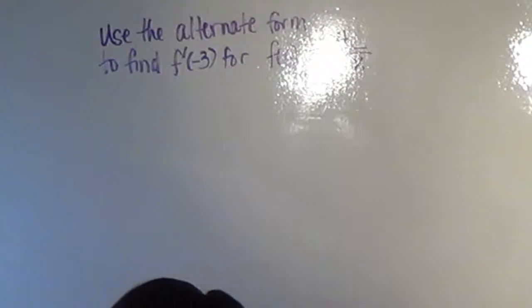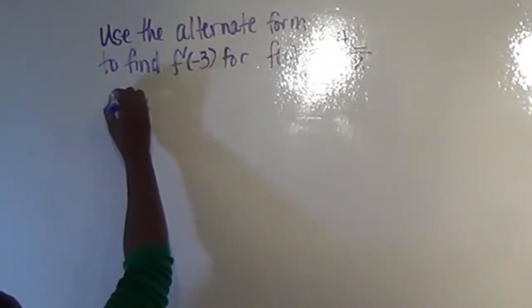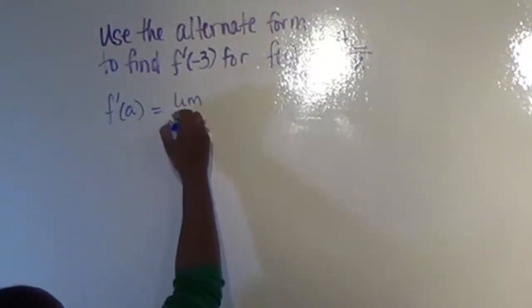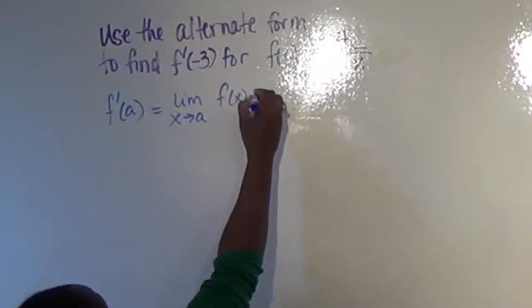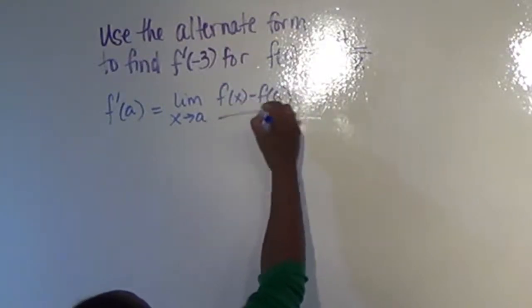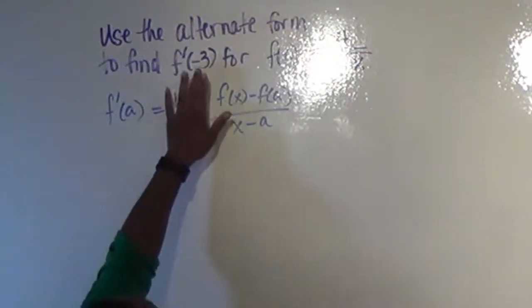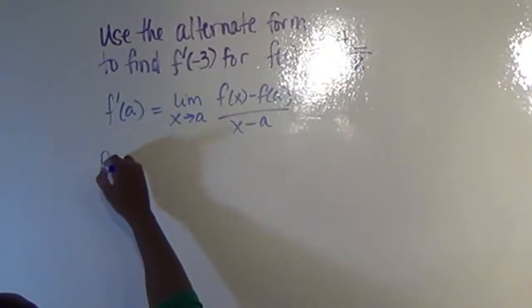Our alternate form says that f prime of a is going to equal the limit as x approaches a of f of x minus f of a over x minus a. So we're still looking at a limit of an average rate, it's just a slightly different form. In this case, because we're looking for f prime of negative 3, that's going to be our a.